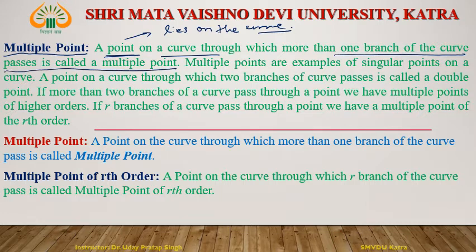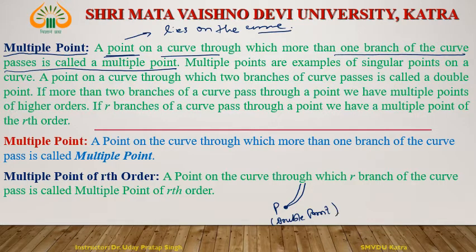This is one type of singular point. A multiple point is a double point, triple point, or rth order multiple point if at a point two or more than two branches of the curve pass. If there are two branches of the curve, then point P is known as a double point.